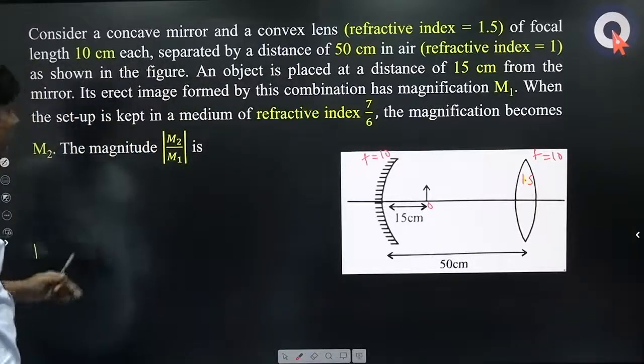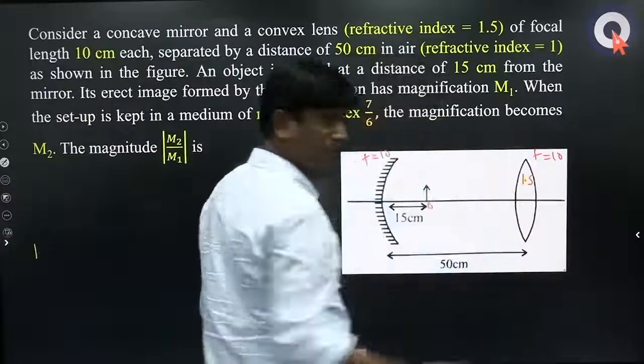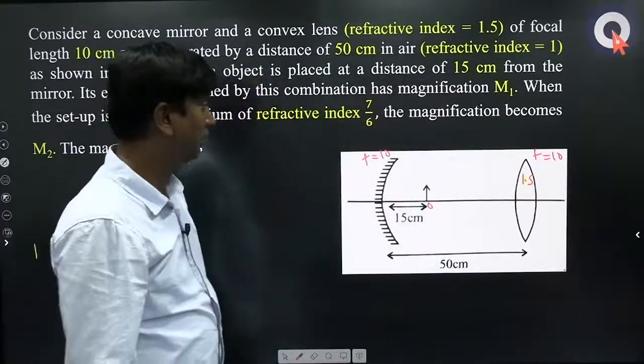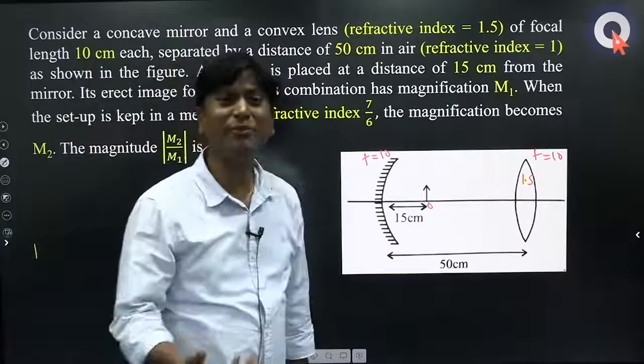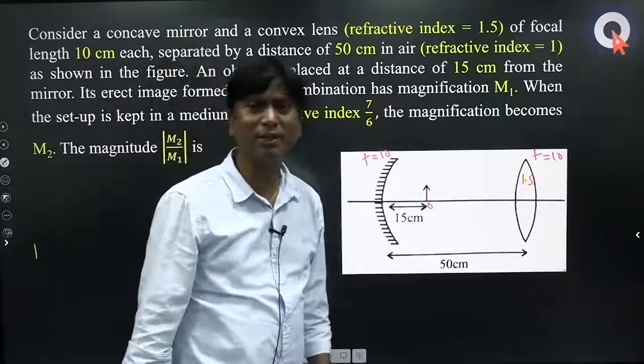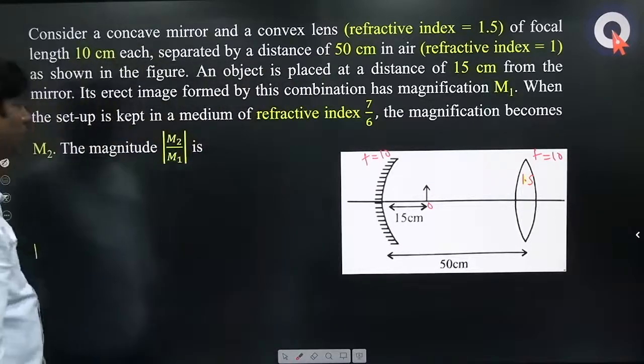Now, when the setup is kept in a medium of refractive index 7/6, this total setup, if you keep it in a medium of refractive index 7/6, then magnification becomes m2. Why is the magnification changing when the total setup is kept in another medium of refractive index 7/6?